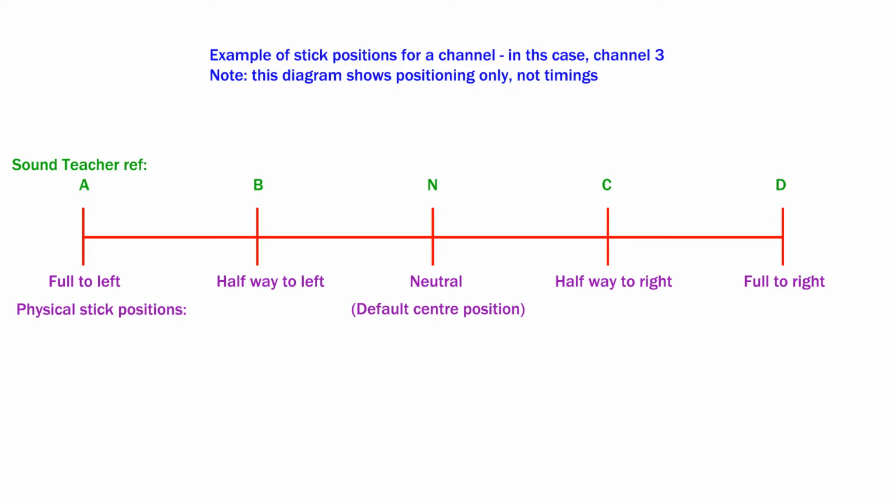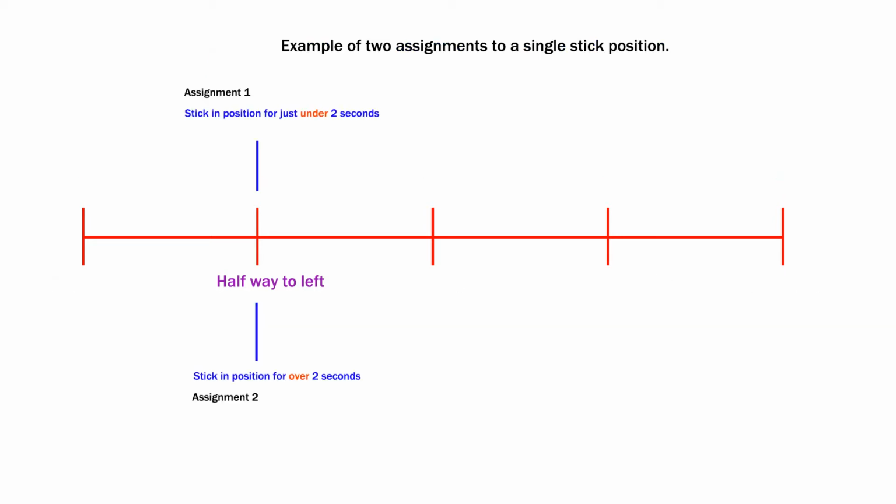Sound Teacher allows you to assign an action or function to 4 positions on each stick axis. These are physical stick positions. Working from centre of stick, one position is halfway along its travel and the other is full stick travel. Additionally, in each of these positions you can assign 2 actions, one for less than 2 seconds and one for more than 2 seconds.